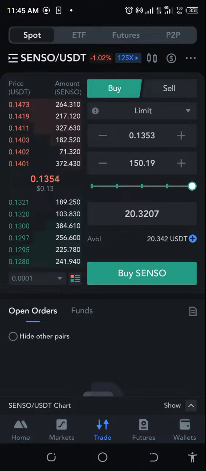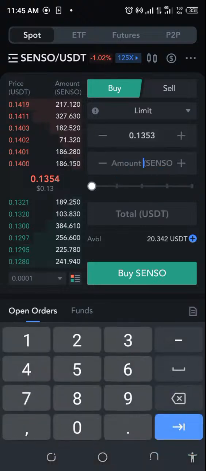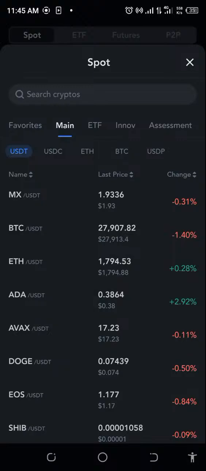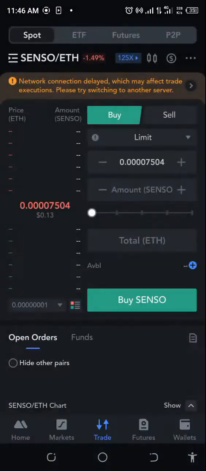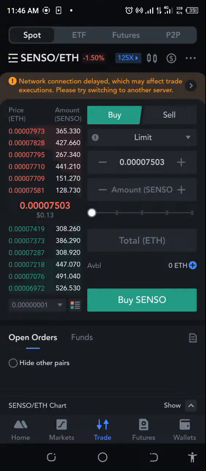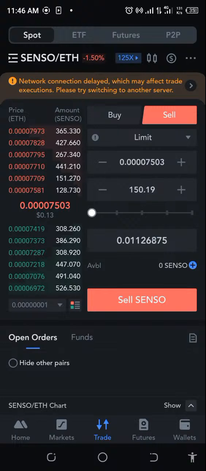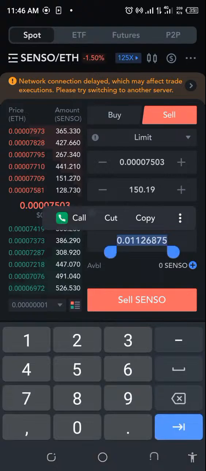Okay, so let me copy this, cut that, and then go to Senso ETH. Senso ETH is supposed to give us what? Okay, so we're supposed to sell to Senso ETH. Let's just try this out.